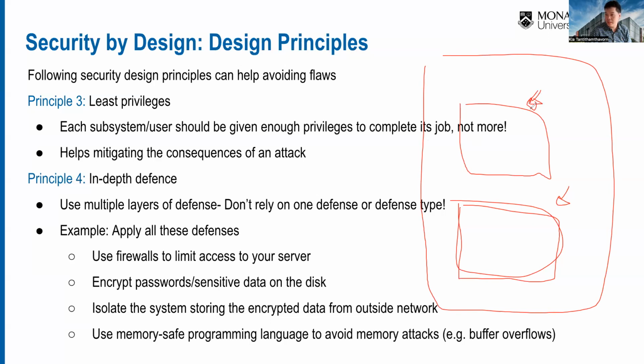Within the office, you have multiple computers, and each of them has its own level of defense as well. So that means we should not just have the organization level defense, but the defense should be at all levels. Okay, more than just a firewall, password, encryption or everything. Okay, it should be every level.